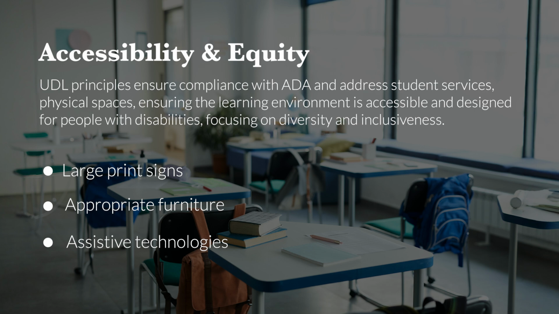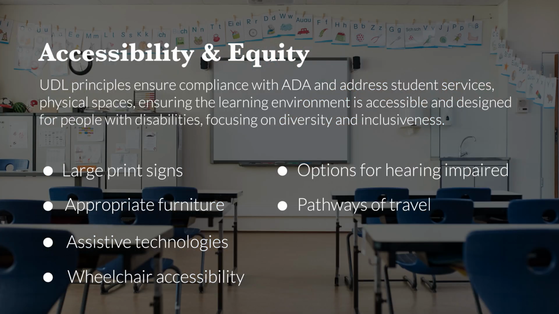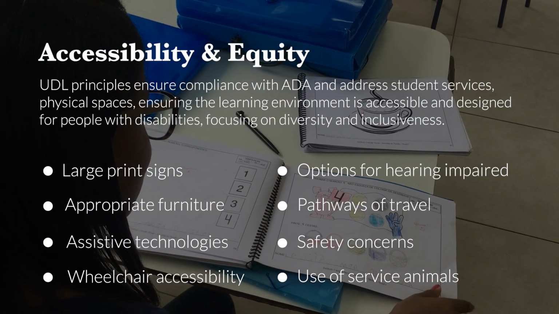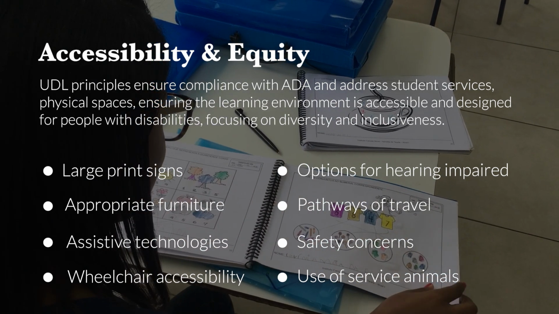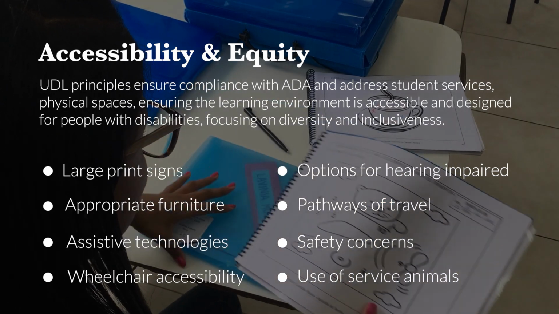You want to make sure that you and your students can move throughout the classroom freely. You want to make sure that there's wheelchair accessibility, also having non-slip walking surfaces or maybe changes in floor levels visibly indicated. UDL also includes ensuring that you have audio options for students who may be deaf or hard of hearing, and even the use of service animals is accepted within the UDL guidelines.